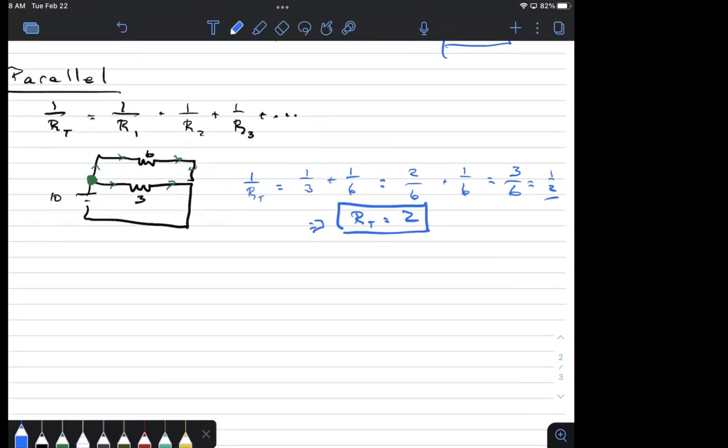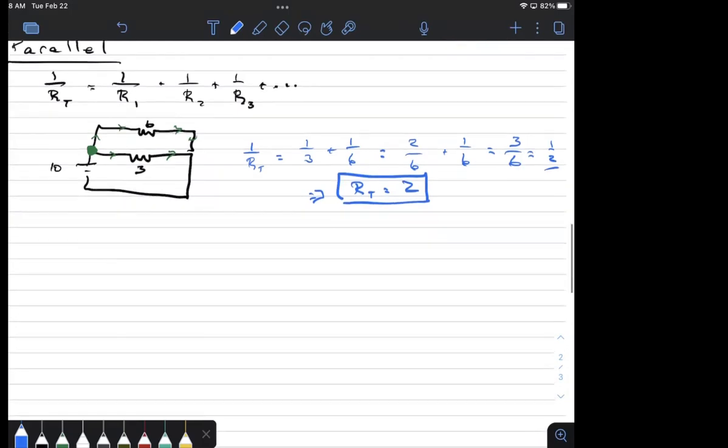All right, now I will warn you, if you look this up in a book or see people do it online or whatever, sometimes you might see something that looks like this. The total resistance in parallel is going to be, let's see, what would it be? How do they do it?